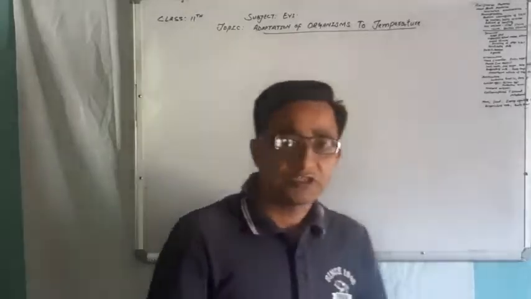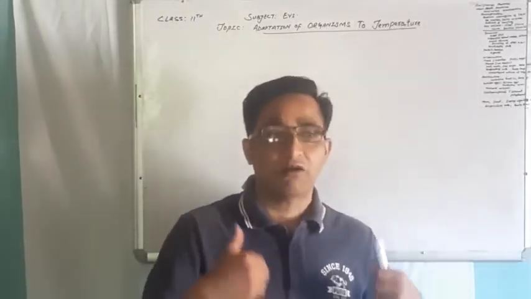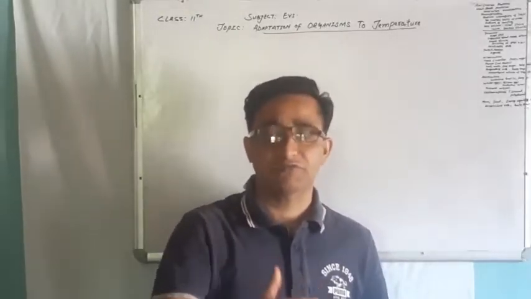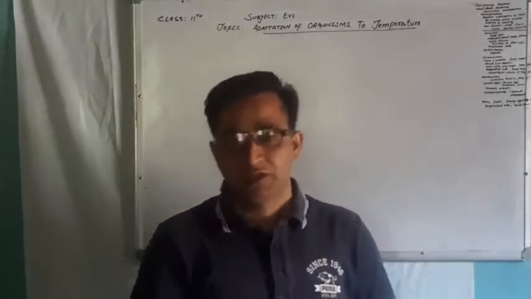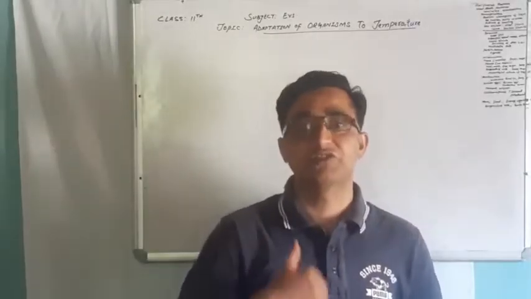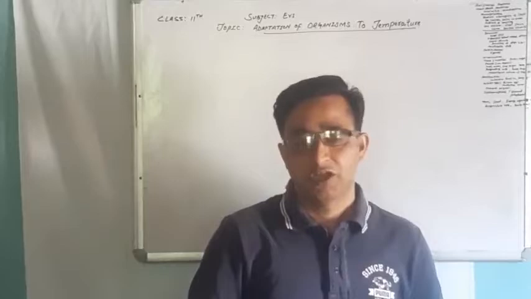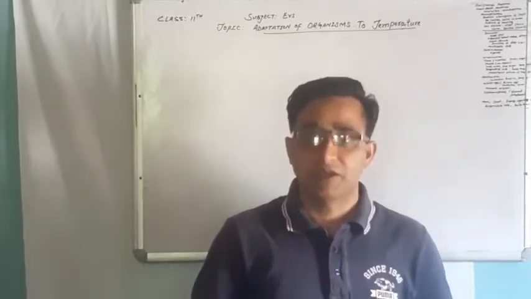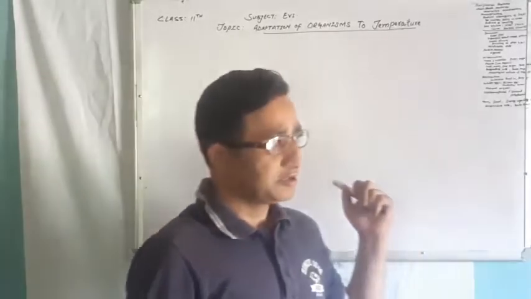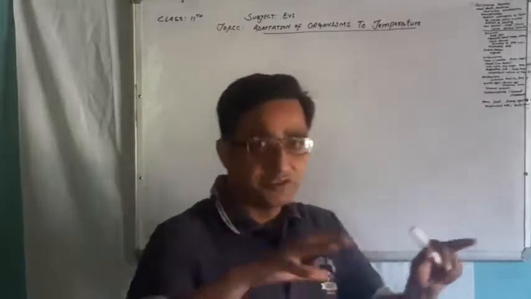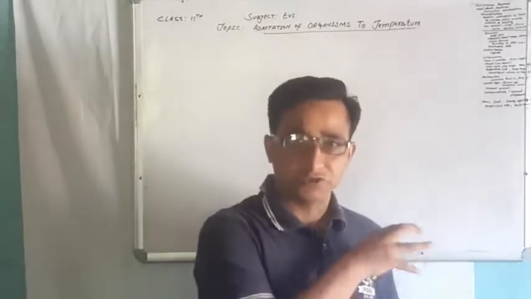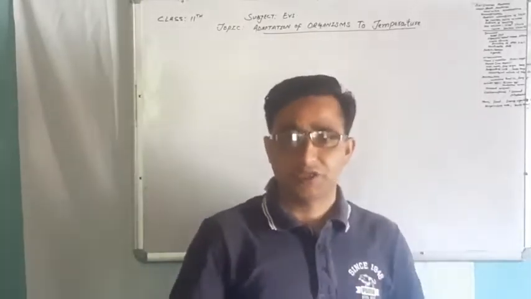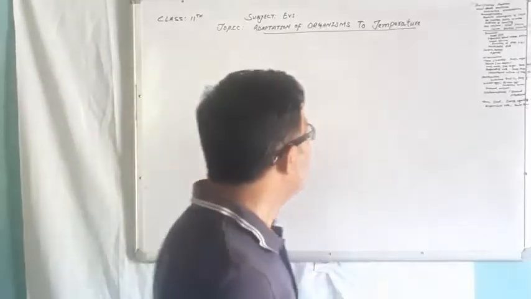So let us see how the organisms, both plants as well as animals, show their adaptations towards temperature fluctuations, towards low and high temperatures. Let us talk about these adaptations of organisms towards temperature in today's video.